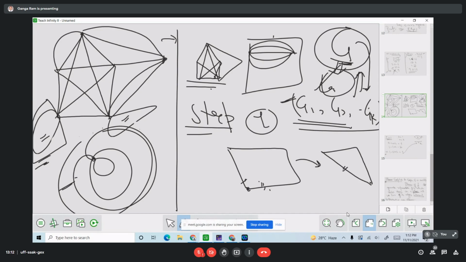Are you getting my point? If a graph contains series edges, then we can merge them into a single edge, because the planarity is not affected by these series edges.